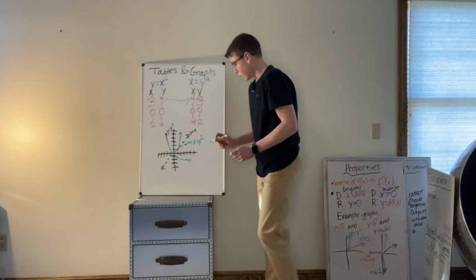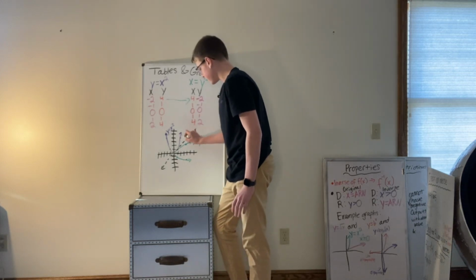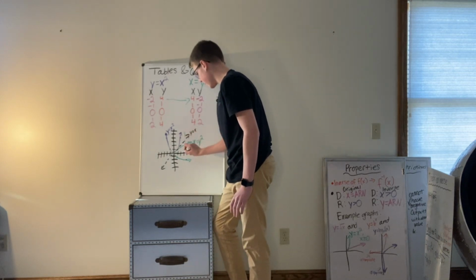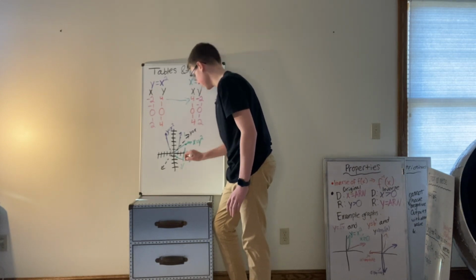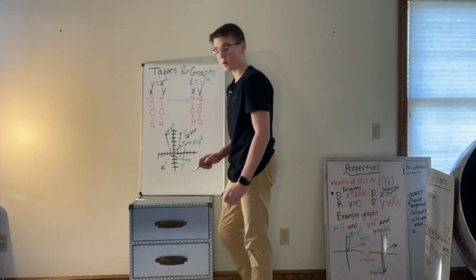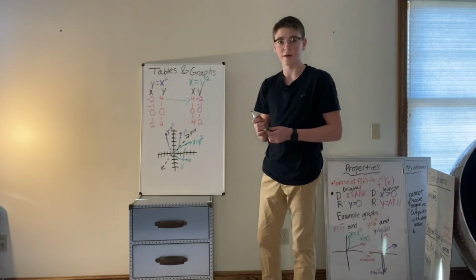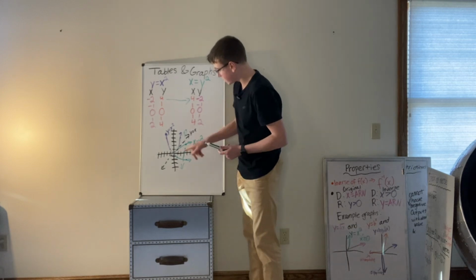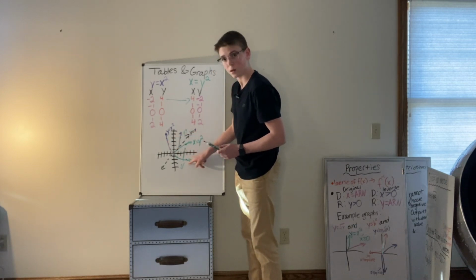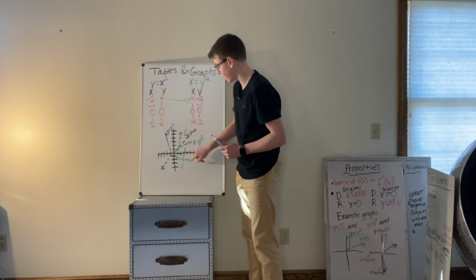But as you can see here, this sleeping parabola does not pass a vertical line test, meaning it has two outputs for one input. So two y values for one x value. So really, you could take this half and keep it a function, or you could take this half and this half.